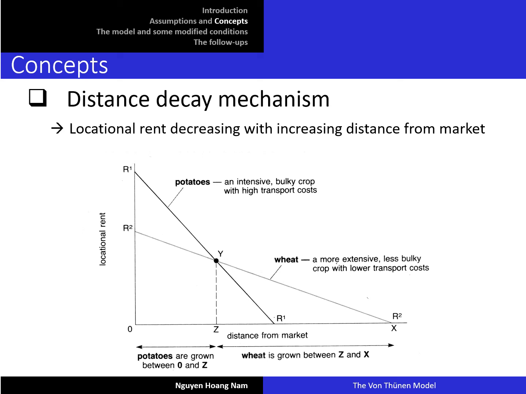But let's zoom in on the graph that we just discussed in the von Thunen model. The first line here is potatoes, and the second line is wheat. It's also in the location rent and distance graph. So this is the location rent curve. In this case, it's a line, and the location rent line of wheat.